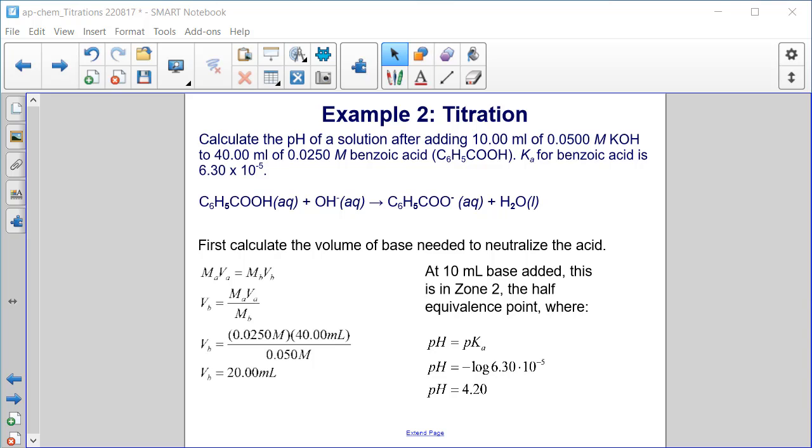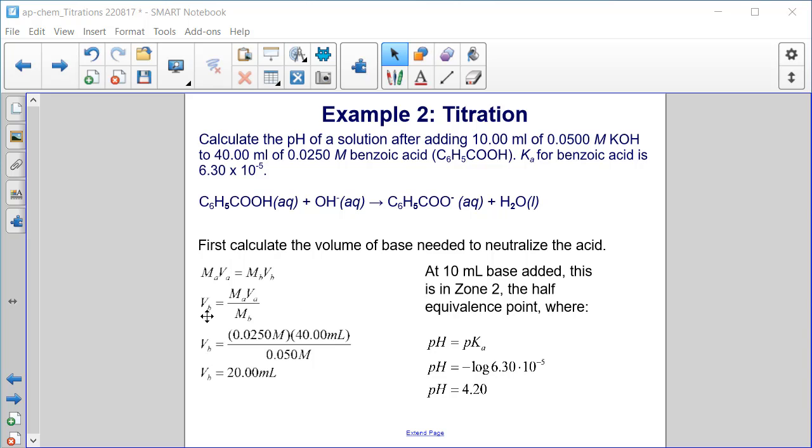All right, so first let's calculate the volume of the base needed to neutralize the acid. So we have a monoprotic acid and a monobasic base. So we can just say MAVA equals MBVB.